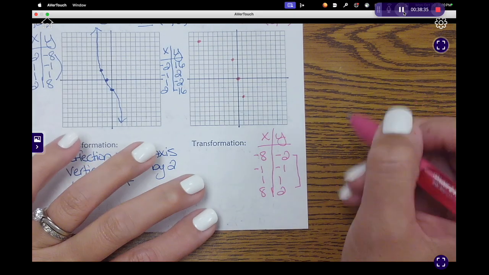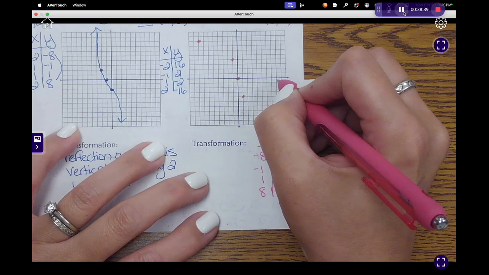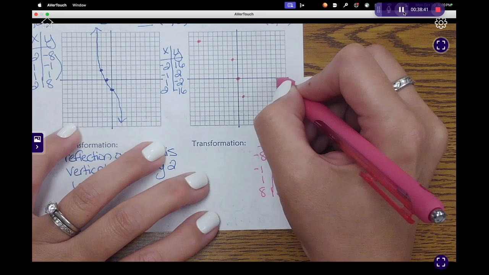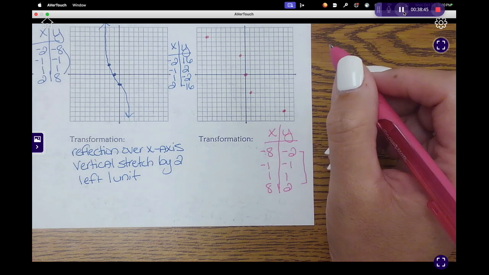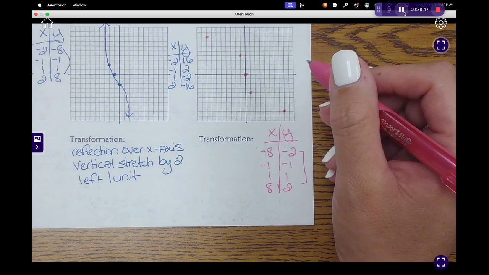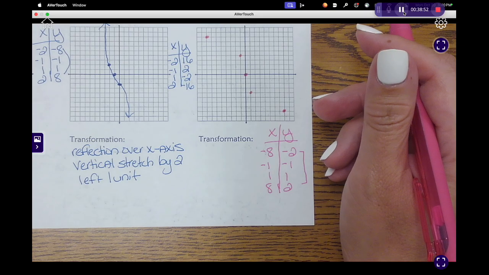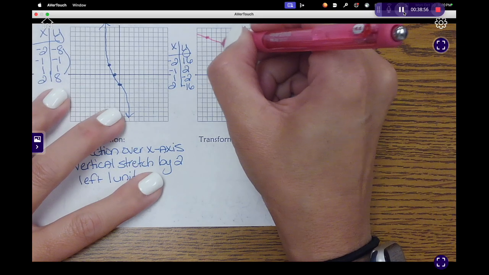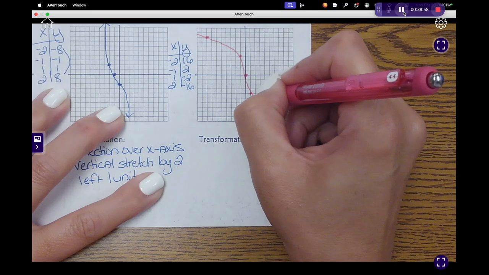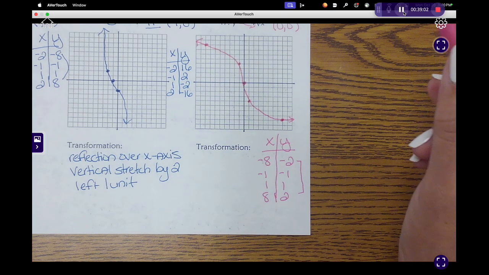And then that last one, I'm going to go over 8, should be right there, and then down 8. Right there. So those are pretty spread out. So when I look at this one, it's again going to look a little stretched out, but that would be my answer right there.